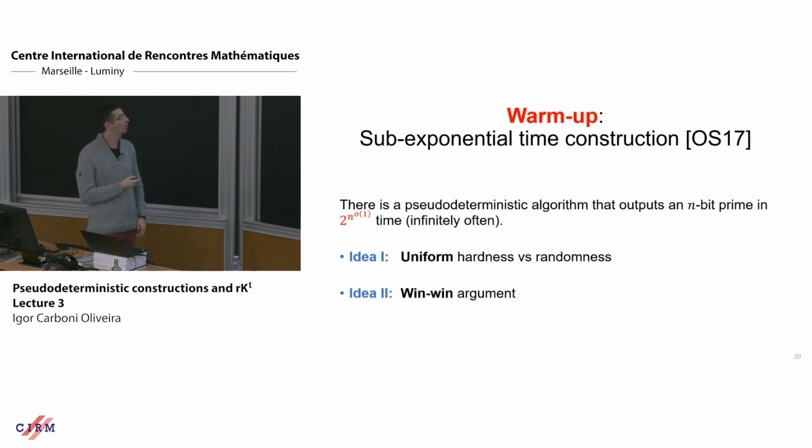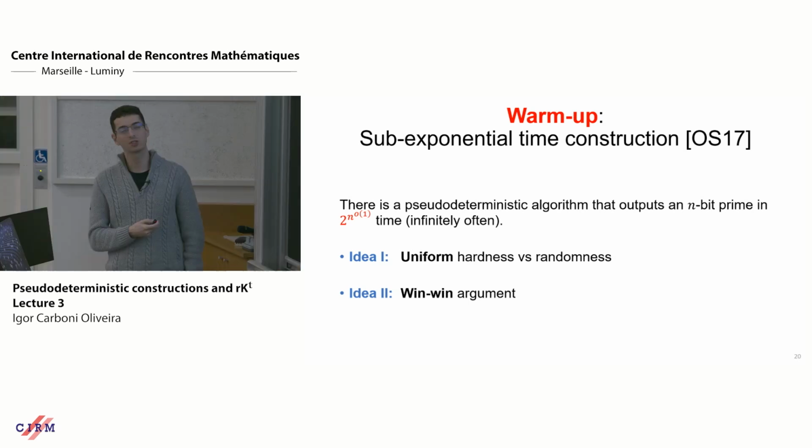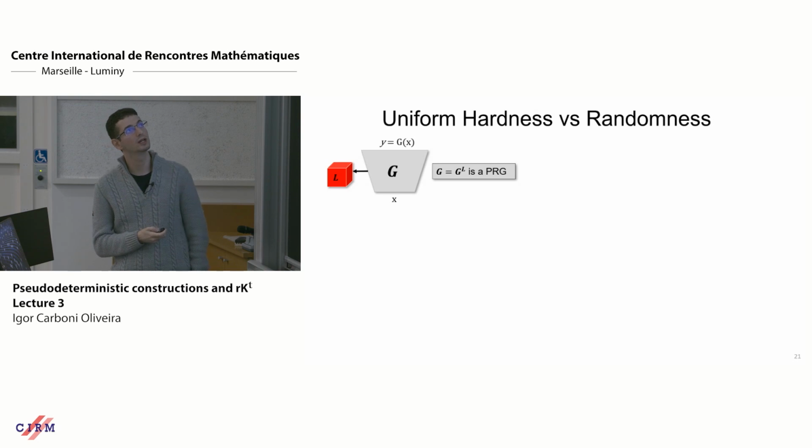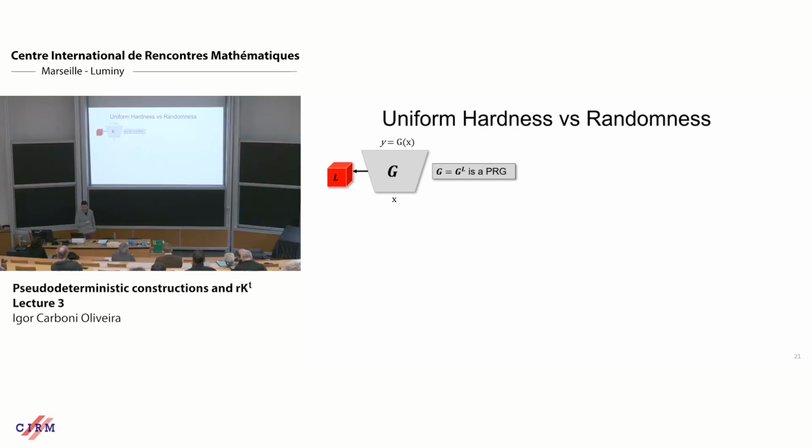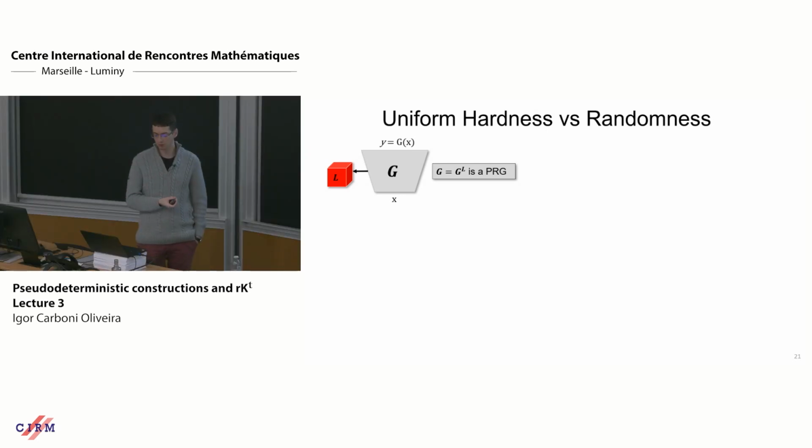And this proof uses 2 key ideas. We're going to explore the hardness versus randomness paradigm, and we're going to use a non-constructive win-win argument in the proof. Okay, so let's review some of the basic ideas from pseudo-randomness introduced by Valentine. Okay, so we'll be interested in constructions of pseudo-random generators.